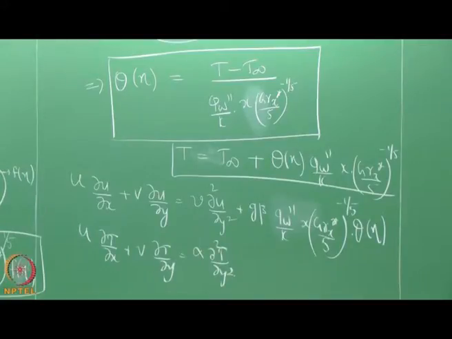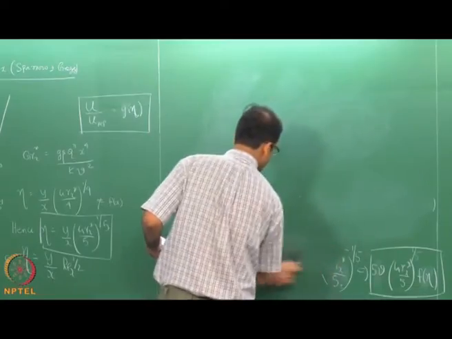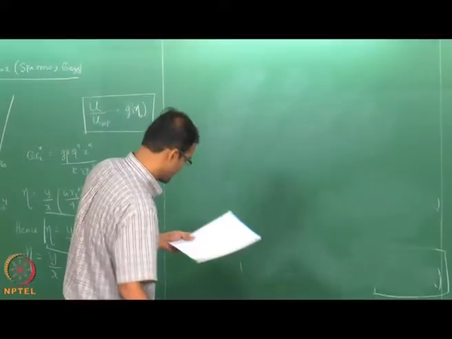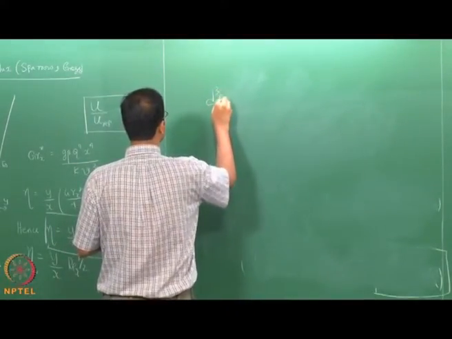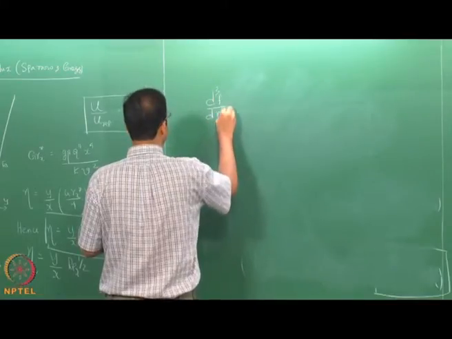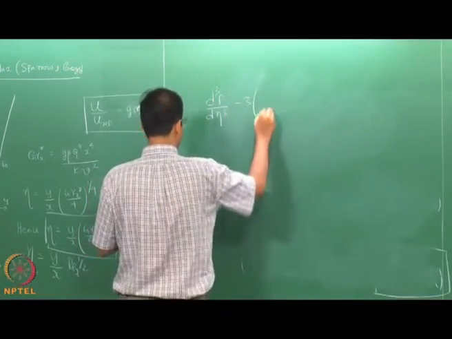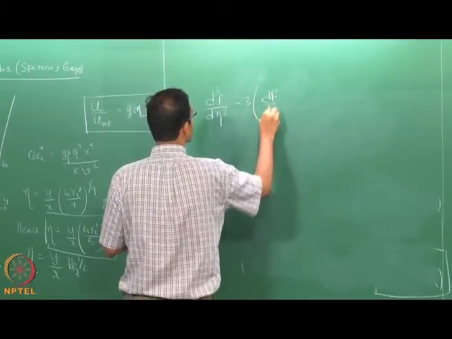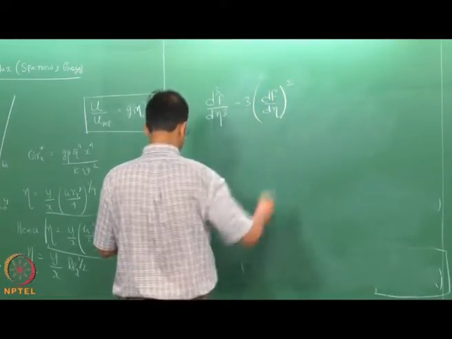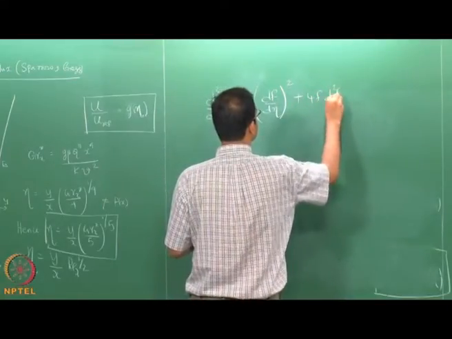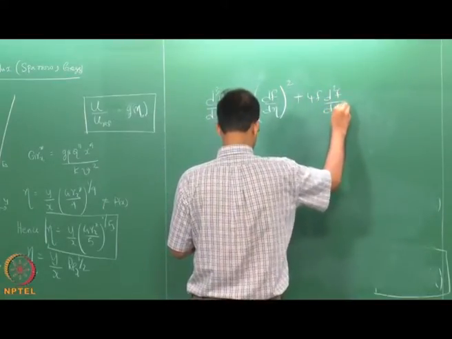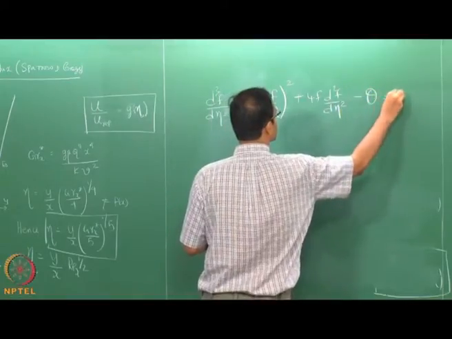So, you will find that this transforms the equations into a similarity ordinary differential equation as a function of only eta. Therefore, the momentum equation becomes d cube f by d eta cube minus 3 times df by d eta the whole square plus 4 f into d square f by d eta square minus theta equal to 0.